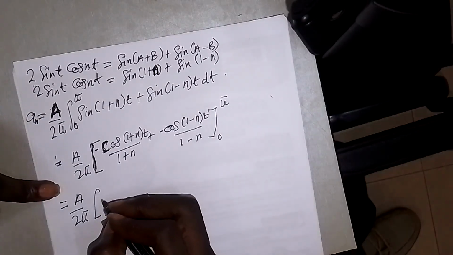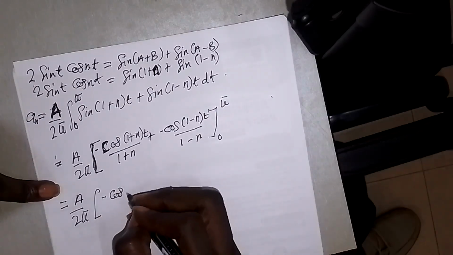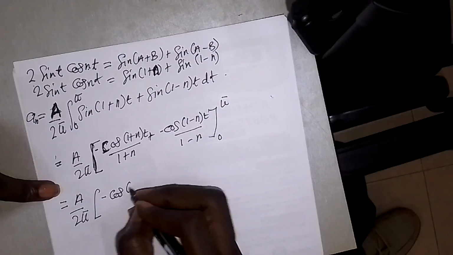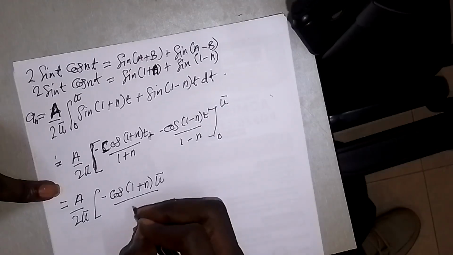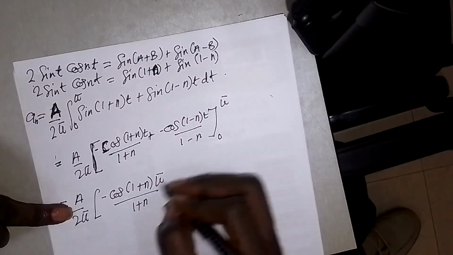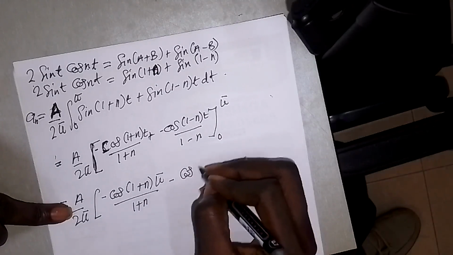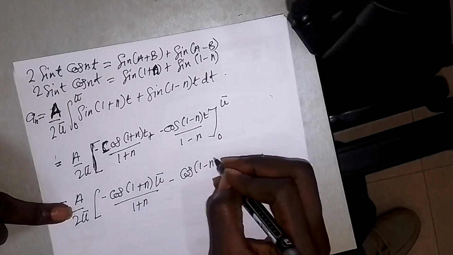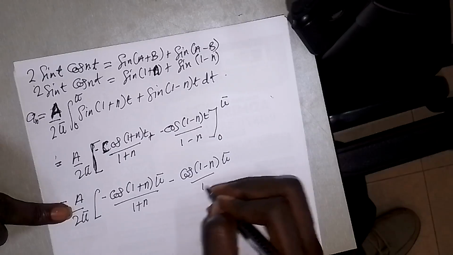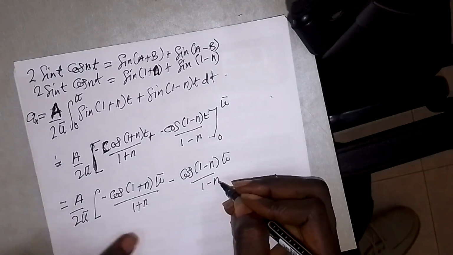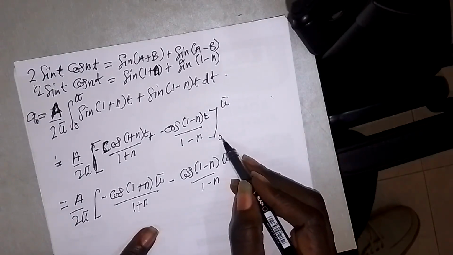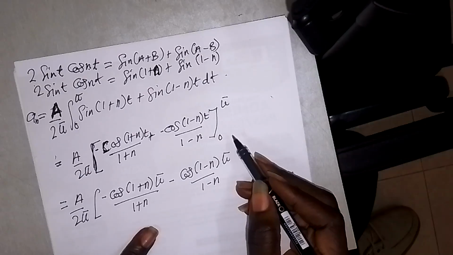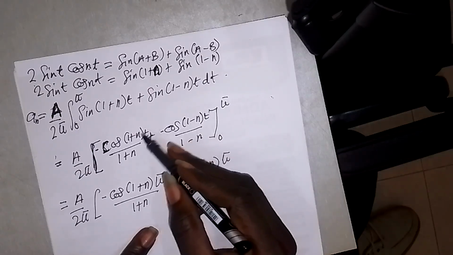Here I will get minus cos((1+n)π) over 1 plus n, then minus cos((1−n)π) over 1 minus n. Then I'll also input the lower limit 0.